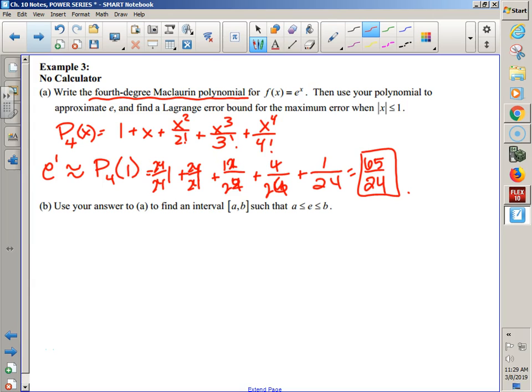But then it says find a Lagrange error bound for the maximum error. We went up to the 4th degree, so Lagrange says what? Does that make sense? Because it was e, so e is e to the 1, so when a is 1.